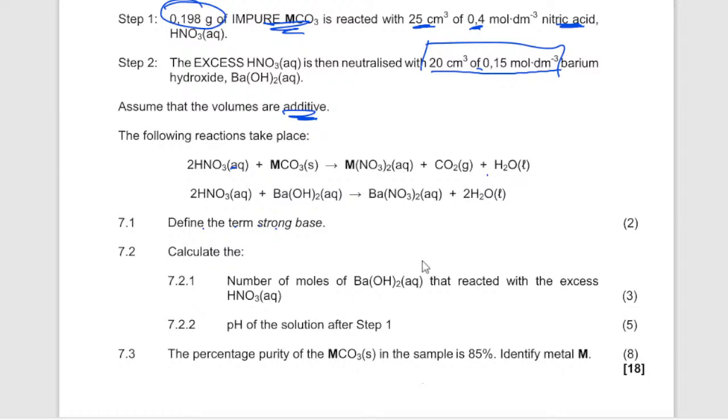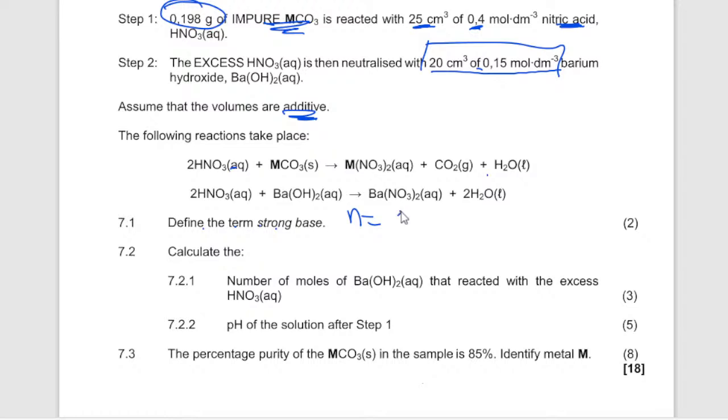So in this case, we're gonna say that the number of moles of barium nitrate is gonna be equal to the number of moles of barium hydroxide that reacted with excess. But here we know that. So we can use first principles or you can use a formula.